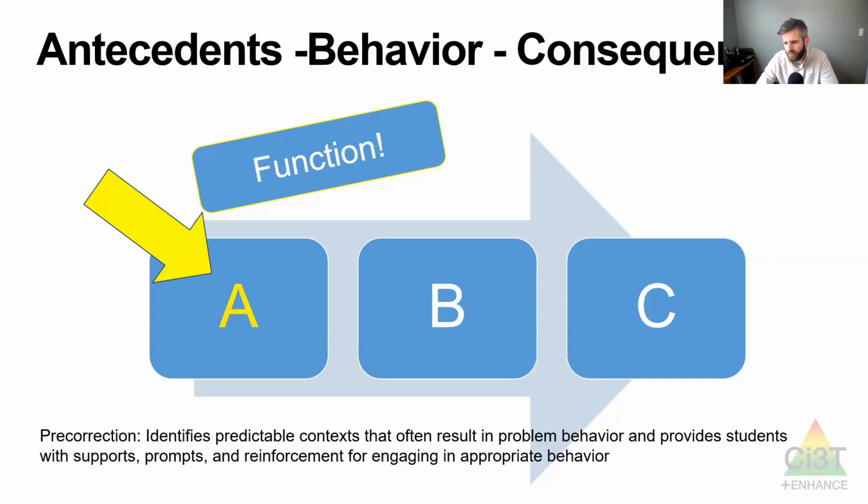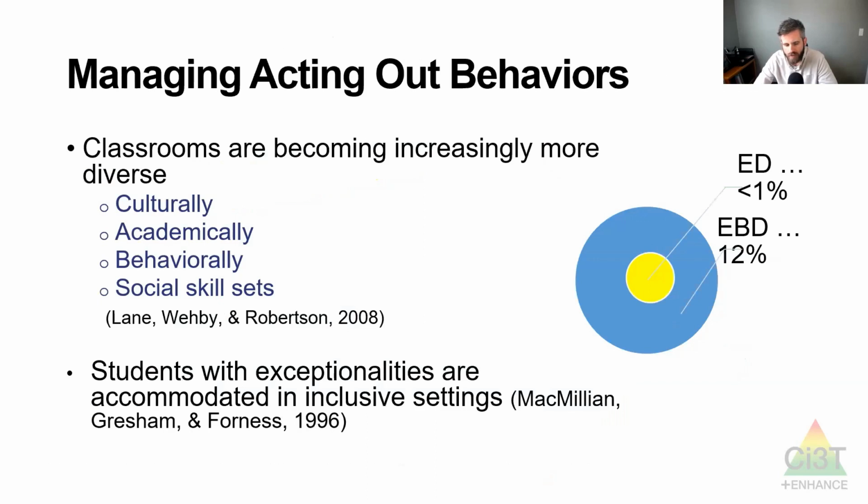Because oftentimes prevention is going to be the best way for us to support these students if we can prevent these challenging behaviors from happening in the first place. So a lot of what we're going to talk about today is about prevention and how we can change the antecedents, or the environment that happens before a behavior occurs, to hopefully prevent these challenges from happening in the first place.